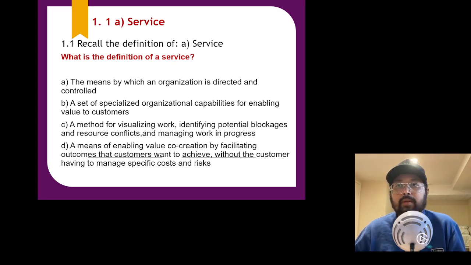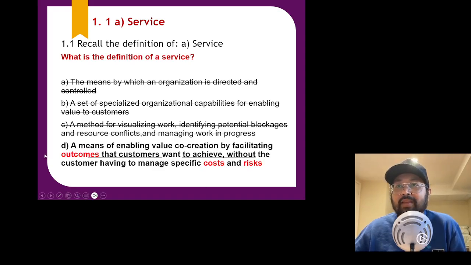No, that is not. Number C, a method of visualizing work, identifying potential blockage and resources conflicts, and managing work in progress. That is also not a service. Number D, a means of enabling value co-creation by facilitating outcomes that customer want to achieve without the customer having to manage a specific cost and risk. Yeah, this is the correct answer.